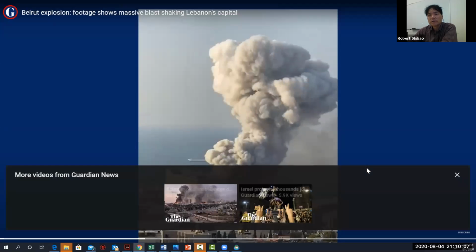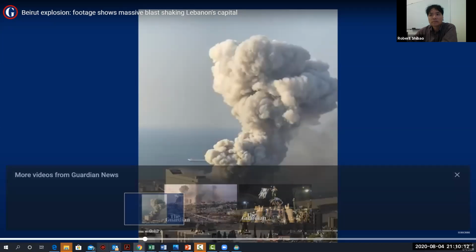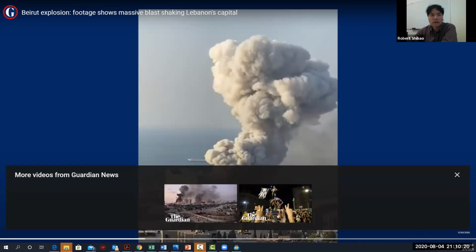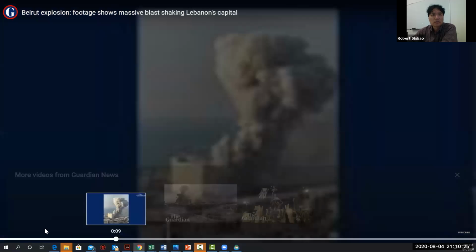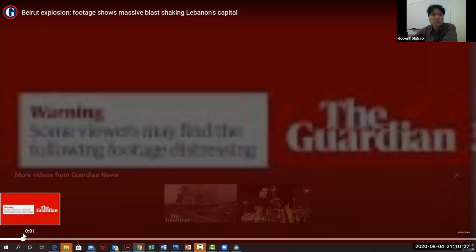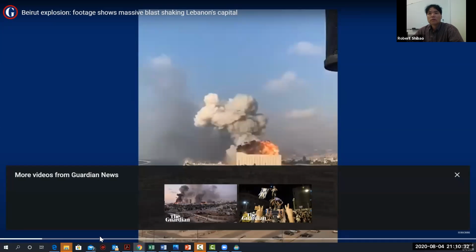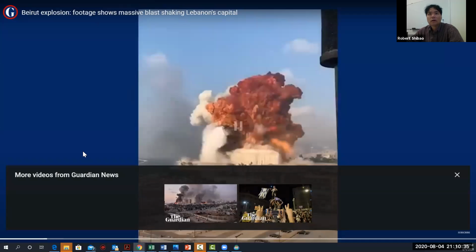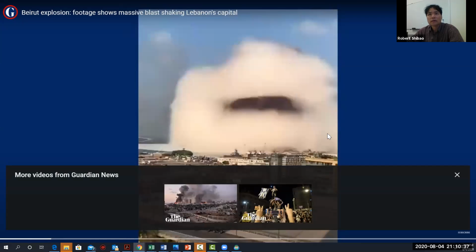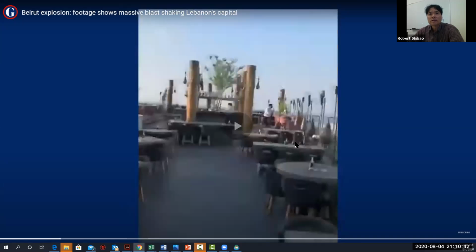That looks like it's some kind of storage facility. Let me turn down the volume. There's got to be some kind of chemical explosion. Boy, that's a huge shock wave. That's a massive explosion.